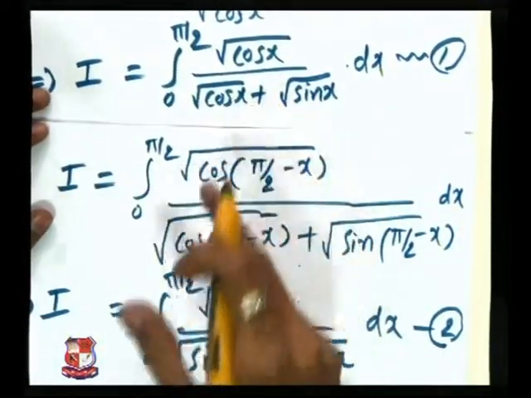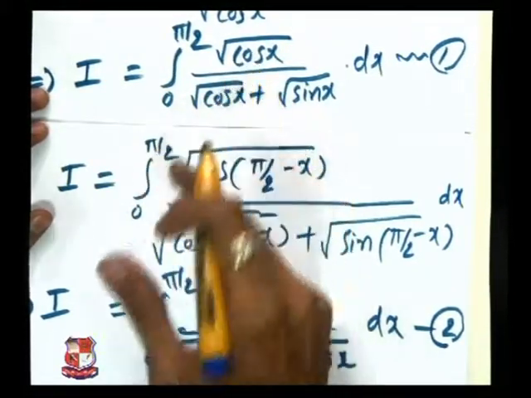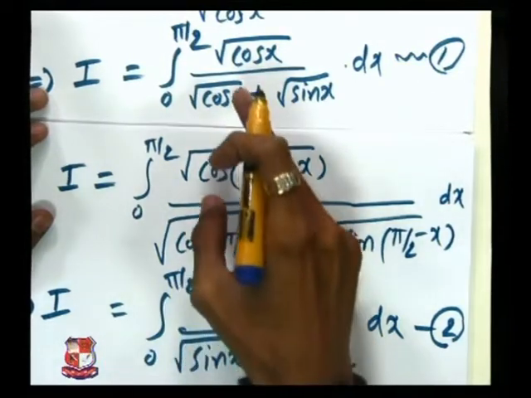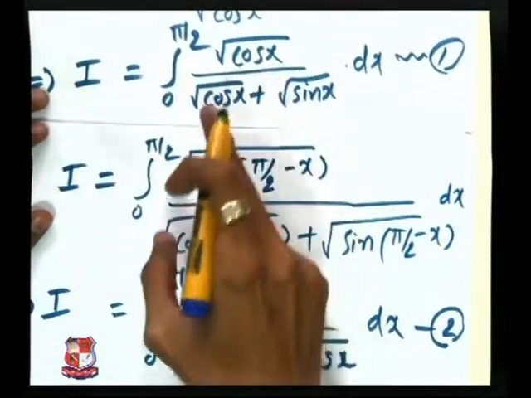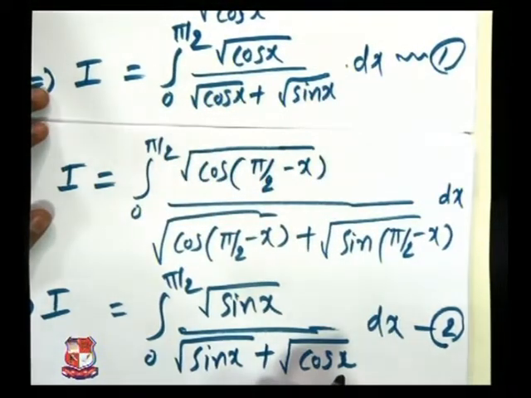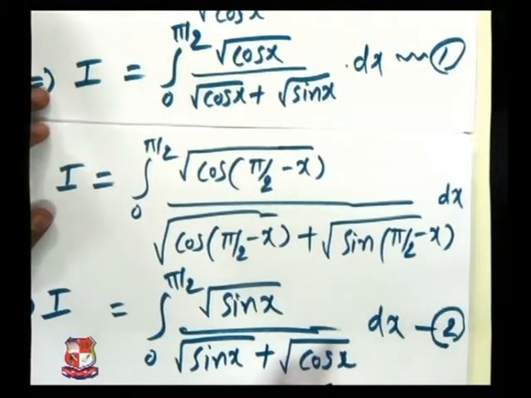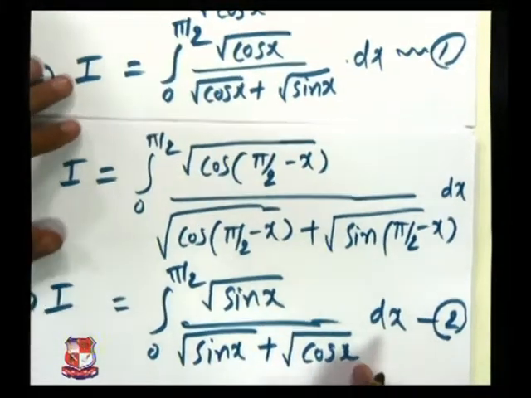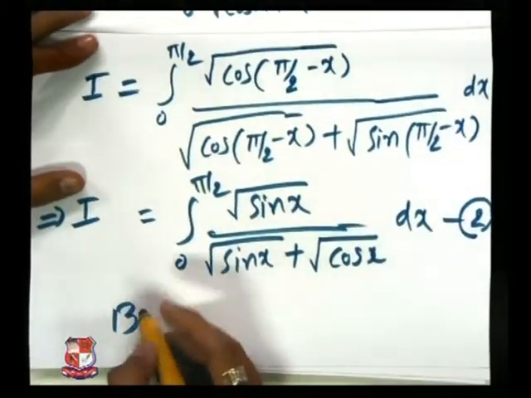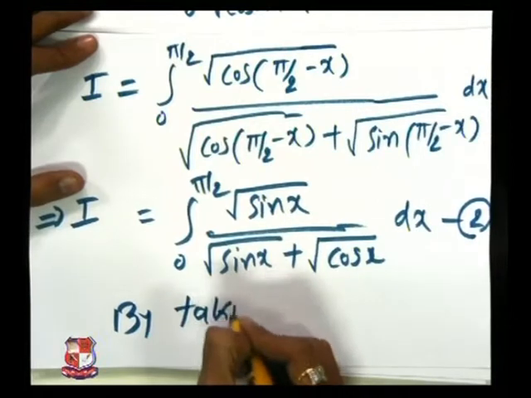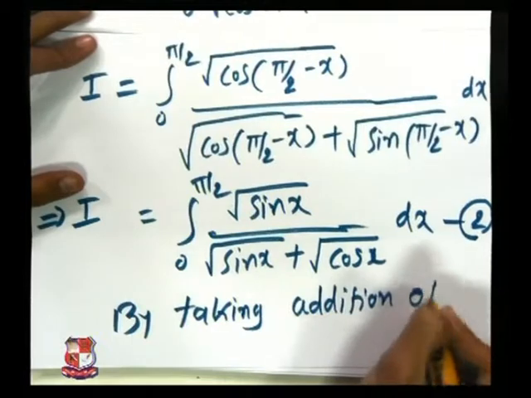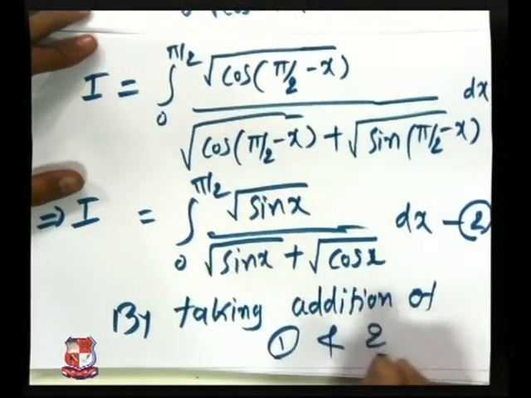If we add these two, equation number 1 and equation number 2, then we will get root sin x plus root cos x upon root cos x plus root sin x, because the denominators are the same, so we can directly add these two equations by taking the addition of 1 and 2.